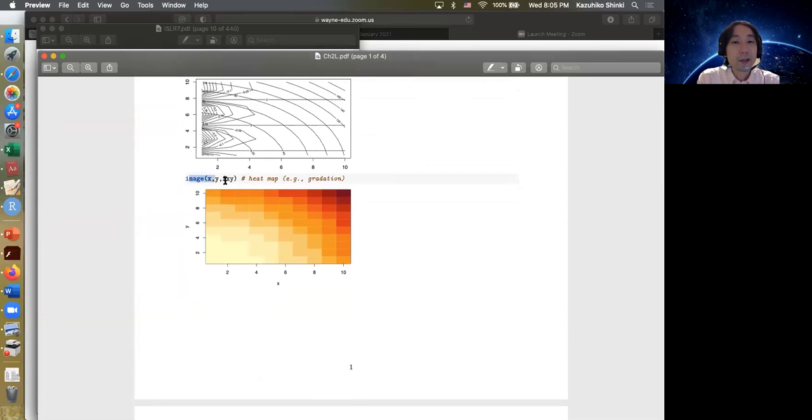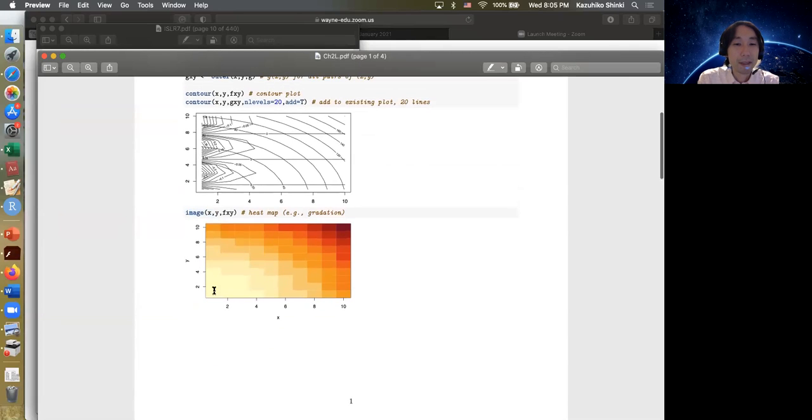Okay, and we can also make a heat map. Here, smaller values of x squared plus y squared and larger values of x squared plus y squared get different colors. So the thickest color is probably 100 and the lightest color 0. Maybe actually the color is the same from 0 to maybe 16 or something.